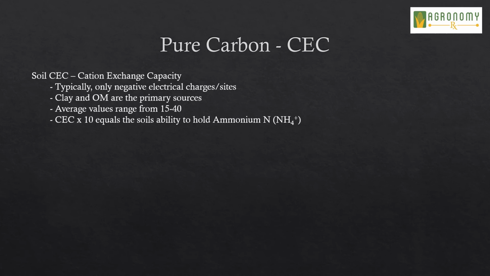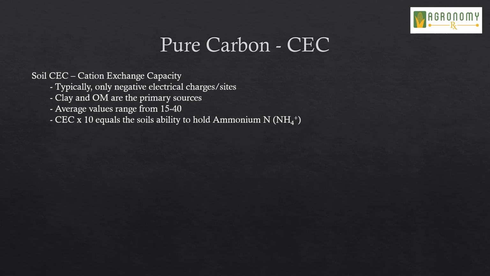So let's put this in perspective. CEC gives us, like I said, an indicator of the soil's ability to hold things. The old rule of thumb is if you take your CEC value times 10, that will equal the amount of ammonium N the soil can hold. So if we have a CEC of 20 and we take it times 10, that's 200.